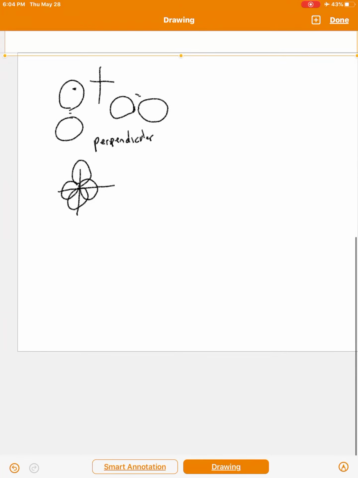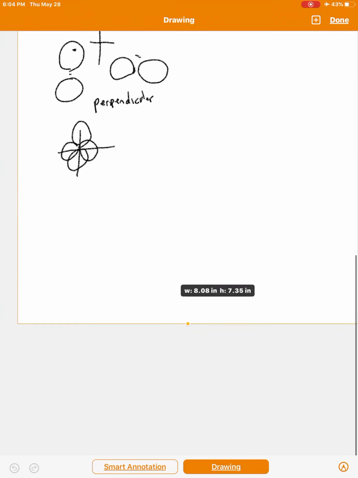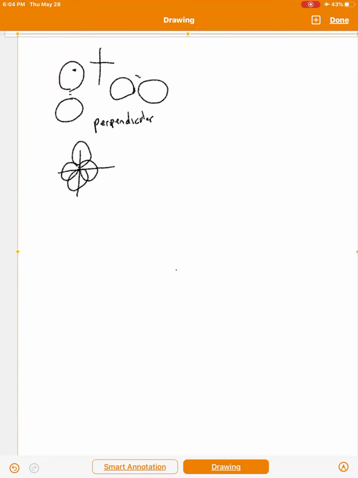So here's what you end up with: the selenium using one of its 4p orbitals. That's a 4p orbital, and it has one electron in it, and it overlaps with the 1s orbital from the hydrogen atom.